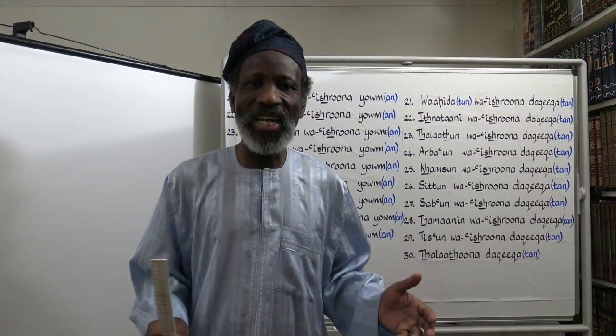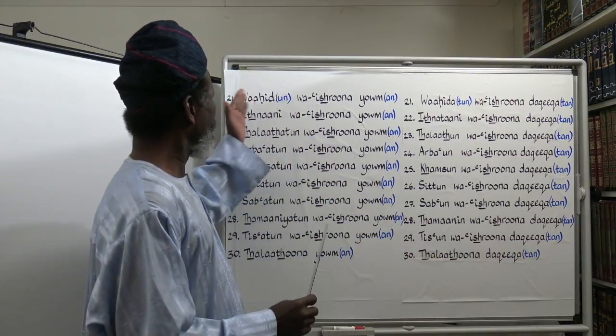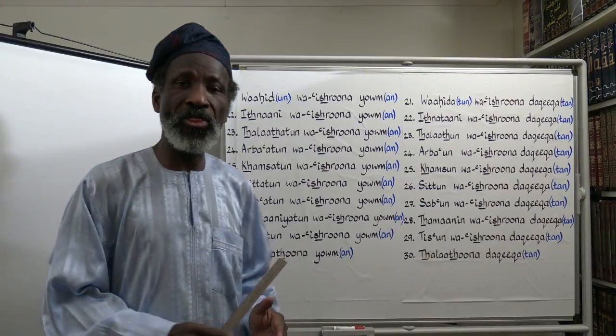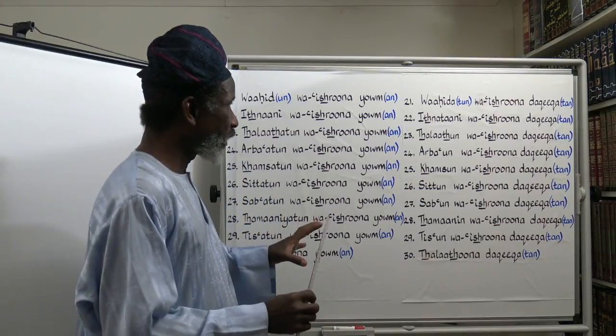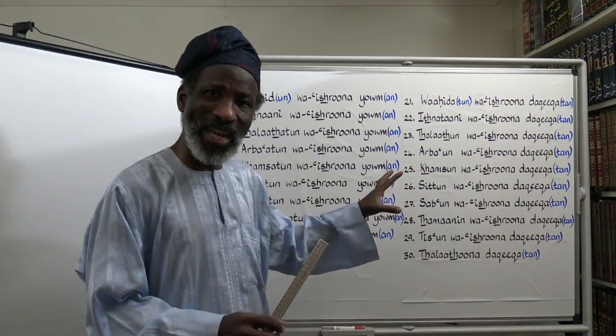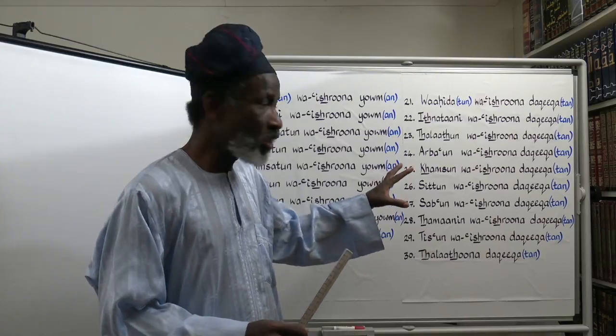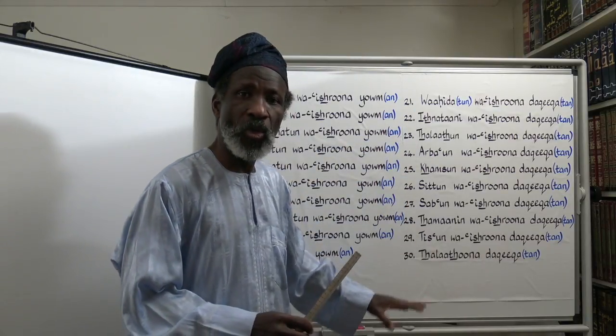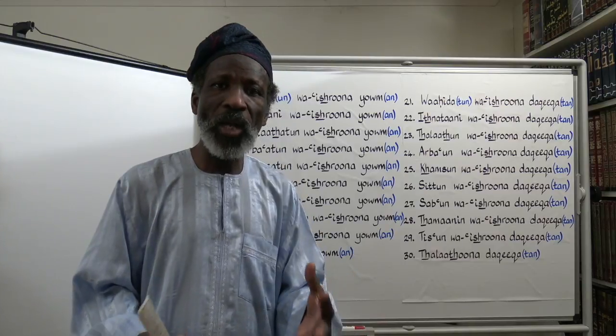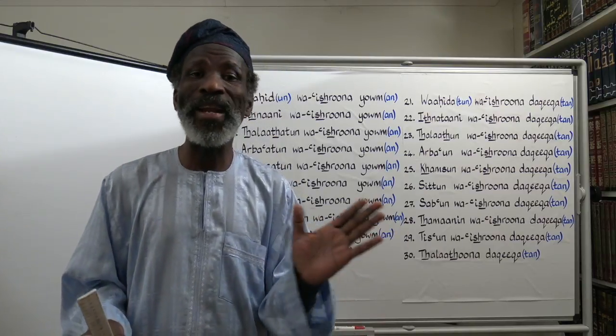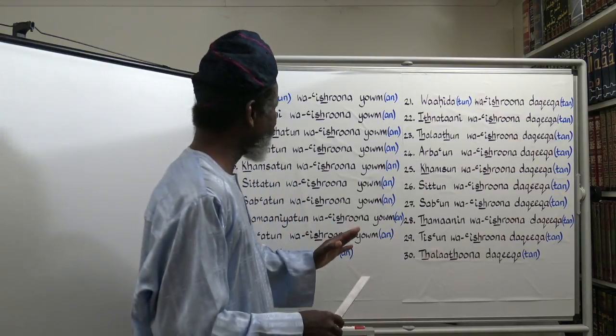Now let's extend our numbers to number 21 to number 30. Once you learn the rules underpinning how to count from 21 to 30, you apply the same rule to count from 31 to 99. Let's analyze this.